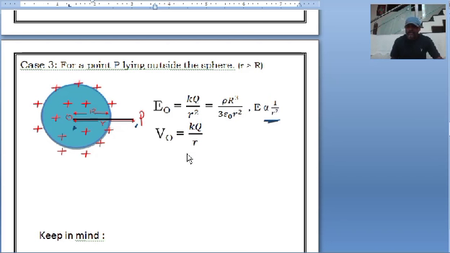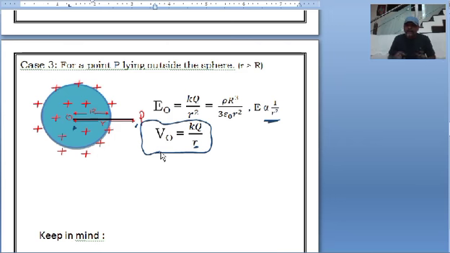And when it comes to potential, the potential at any point outside is given by the formula V0 is equal to kq divided by small r. So this is the potential for a point P which is lying outside the sphere.